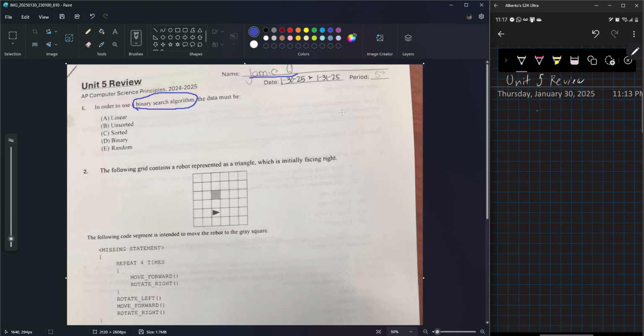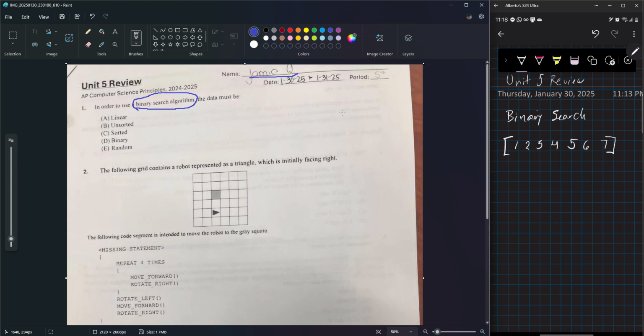Binary search is the one where you have a list of numbers. So 1, 2, 3, 4, 5, 6, and 7. There's your list.